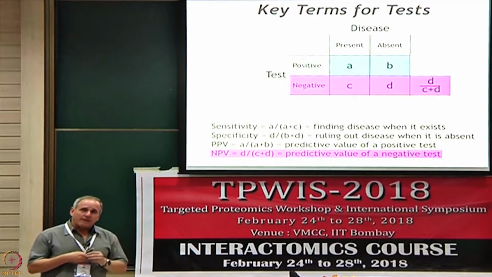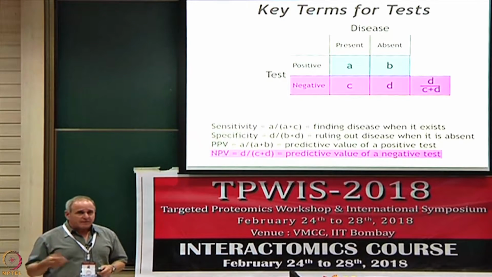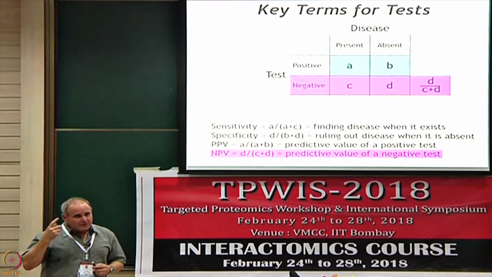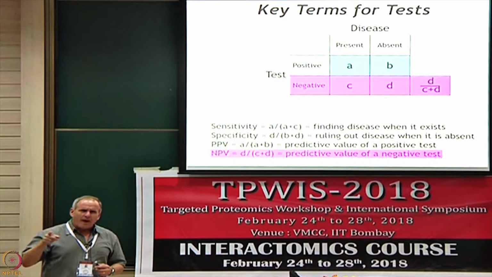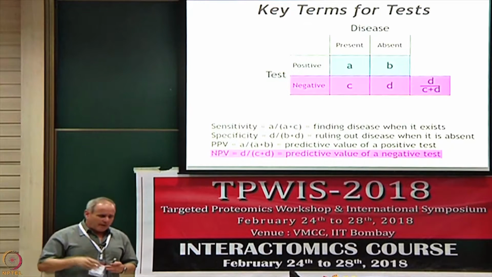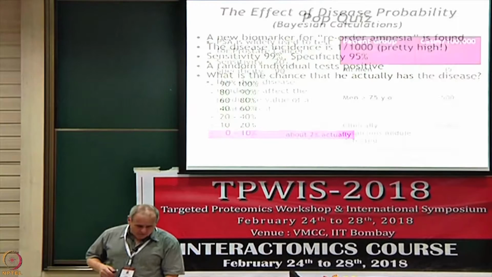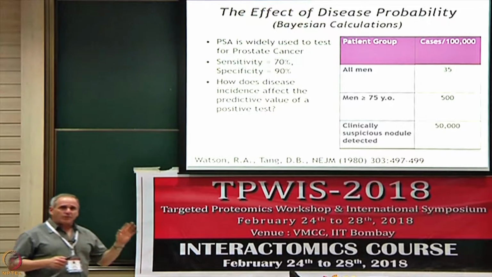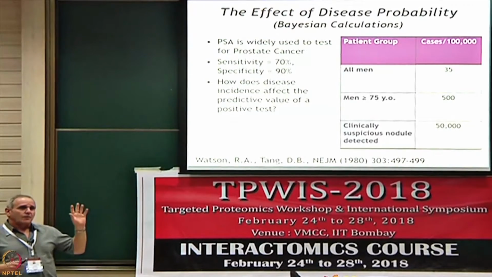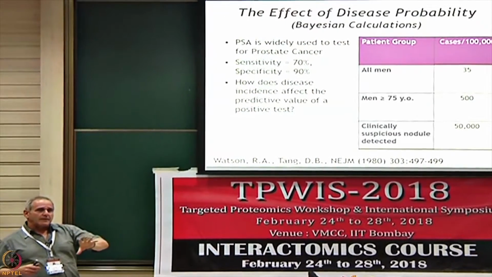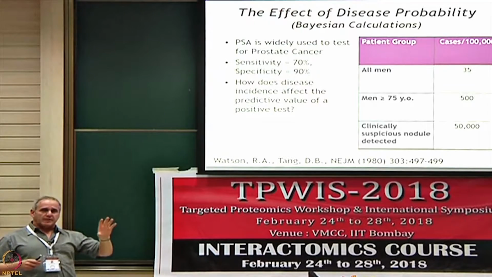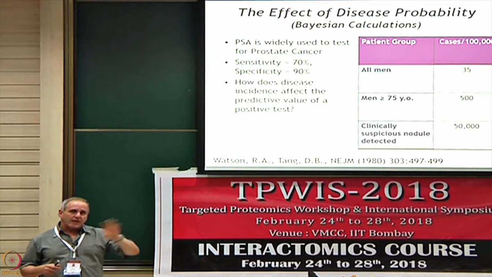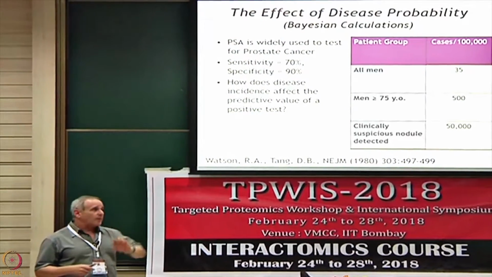When you hear somebody boast about the positive predictive value of a test, the first thing you need to ask is, what population did you test? How prevalent was the disease in that population? Okay, so let's walk through that. So this has to do with what's called Bayesian calculations, which includes looking not only at the probability but also at what's called the prior probability, which is when you begin your test, what was the likelihood to start with?